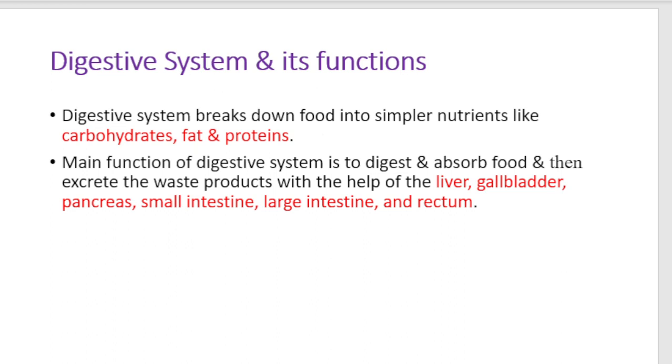Today, the topic which we are going to discuss is the digestive system. What are the functions of the digestive system? First, we will discuss what the digestive system is. The digestive system is generally a breakdown of food into simpler nutrients, like carbohydrates, fats, and proteins.